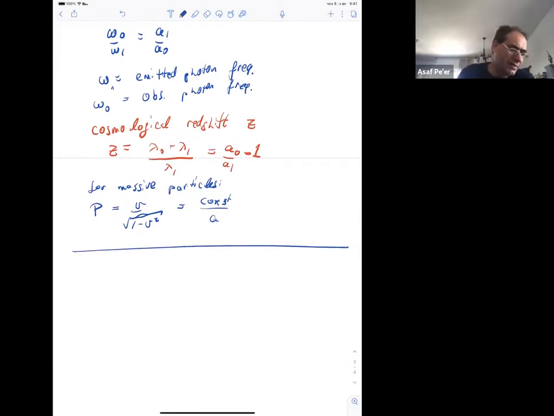If not, then there are a few important topics which we have not discussed yet. So now it's time to discuss them. So the first thing of interest is, how do we measure distances in the universe?